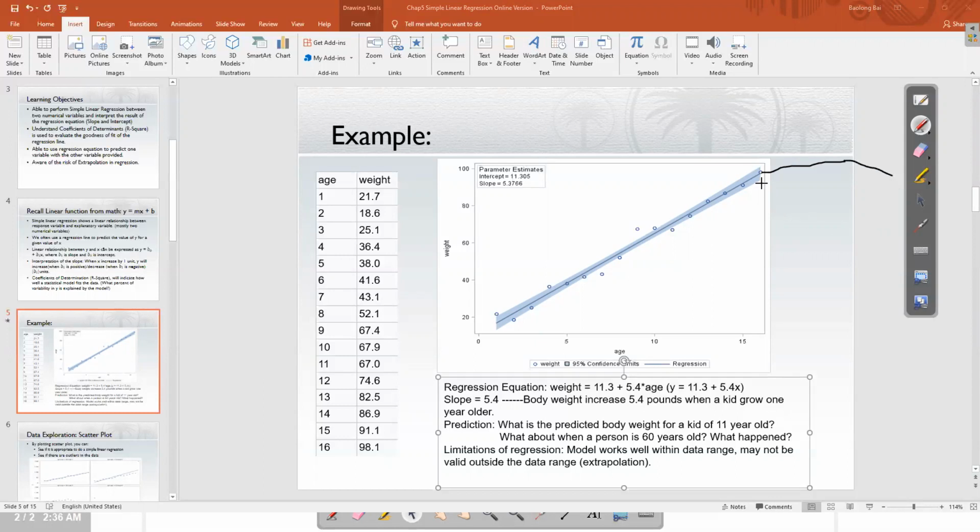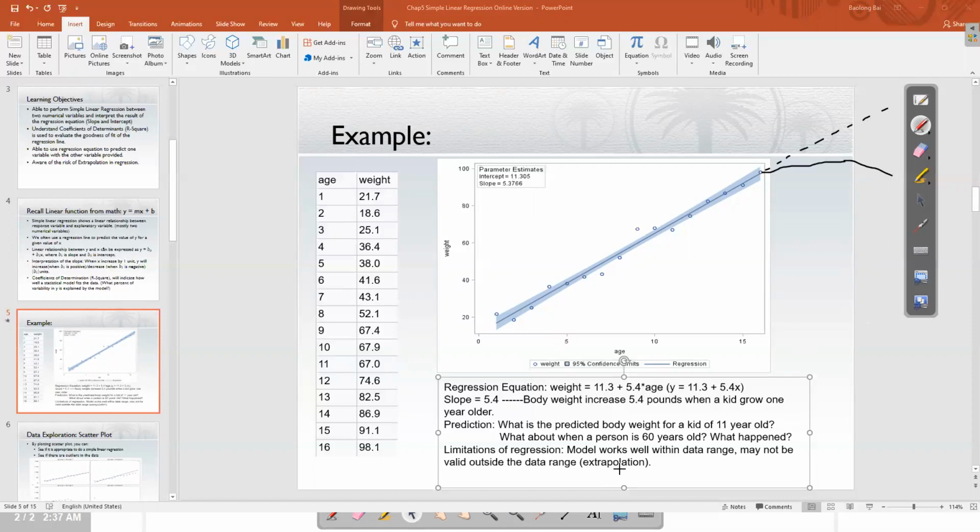So this is what's truly happening. But if you're predicting someone who's 60 years old, you are basically extrapolating. You're saying the people will grow at the same rate until they're 60, and we know that's not right. And that's why the prediction is absurd.